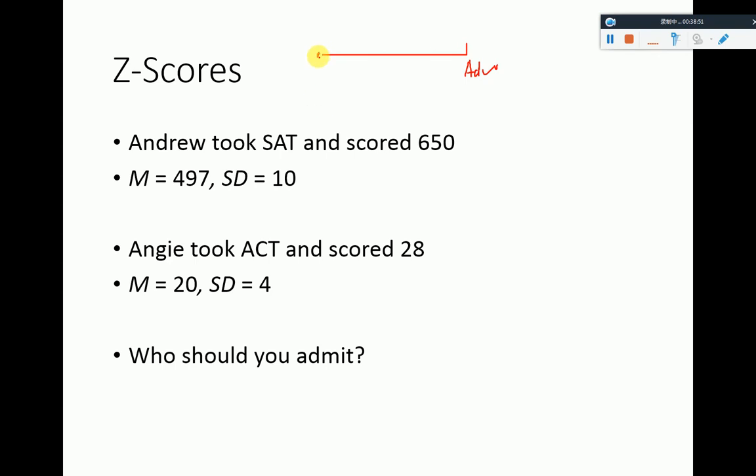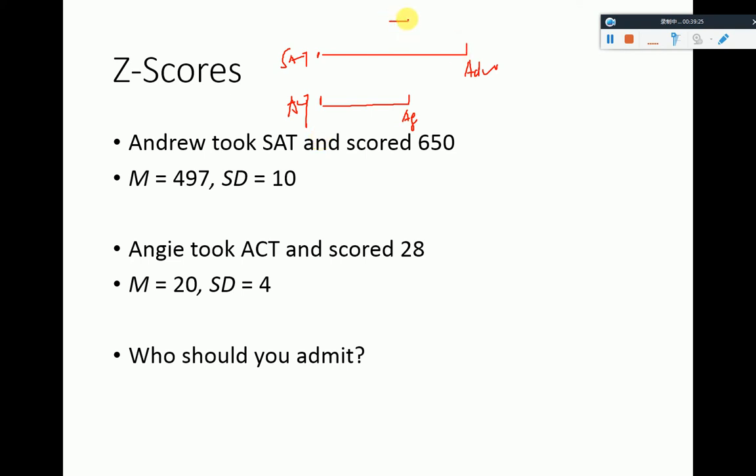And if at the same position we place the mean of the ACT, so this is the ACT, then we can ask, how far away is Angie's score from the class mean?